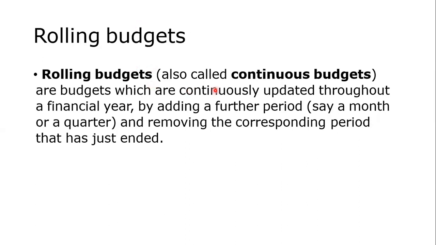So it is a budget which is continuously updated through the financial year, adding a further period, say a month or a quarter, and removing the corresponding period that has just ended. So it always uses the actual of the previous period. If quarter one has passed, they will use the actual as the next estimate to project the full year analysis. That's what a rolling budget is.